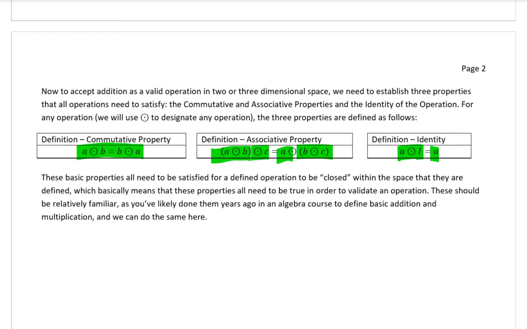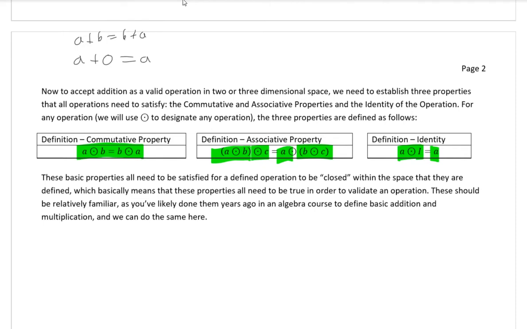These are all operations or identities and properties that you've shown before for other concepts. For example, A plus B and B plus A. These are all things we already know. Commutative and associative properties we know. And for normal addition, addition of values, if you do A plus 0, that gives you A. That would be the identity for addition.